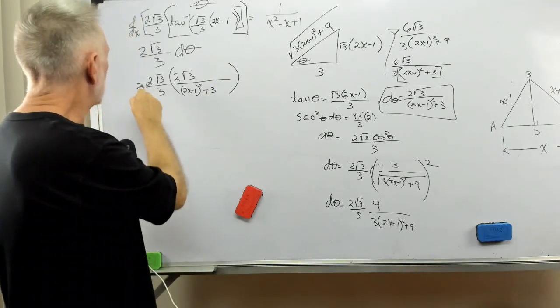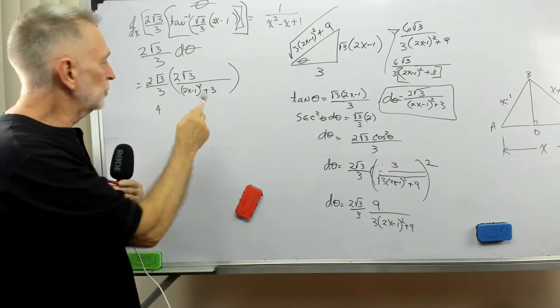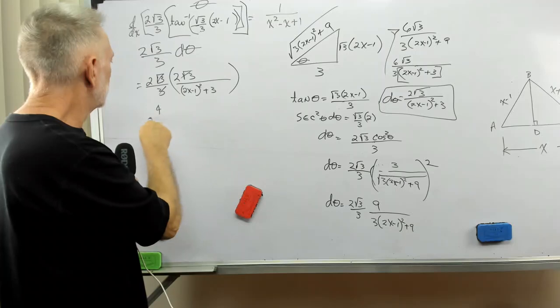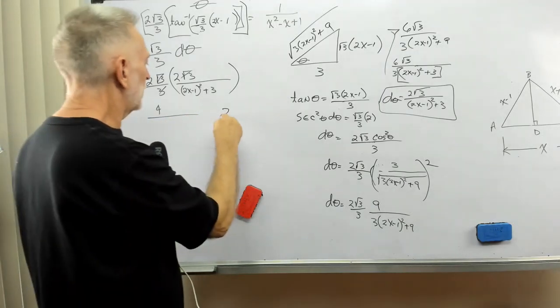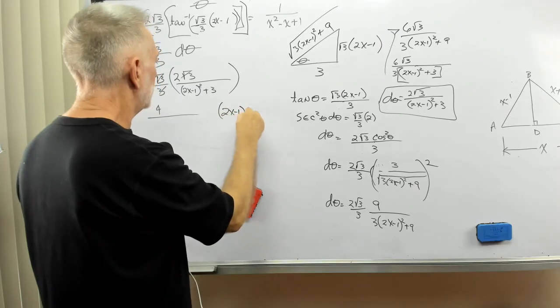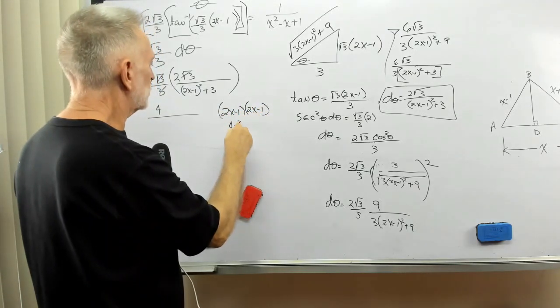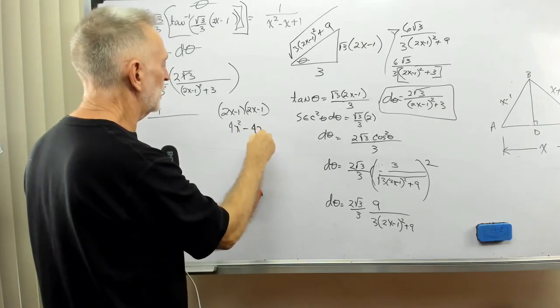Okay, 2 times 2 is 4. Square root of 3 times square root of 3 is 3. 3 divided by 3, so those cancel. Over 2x minus 1 squared. 2x minus 1, 2x minus 1. So that's 4x squared minus 2x, that's minus 4x.